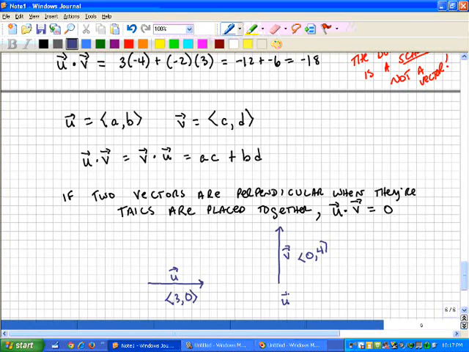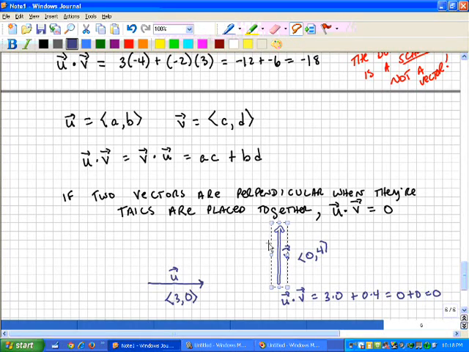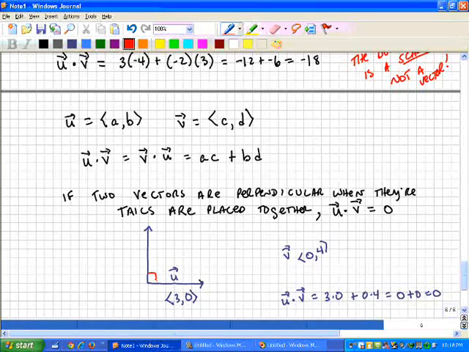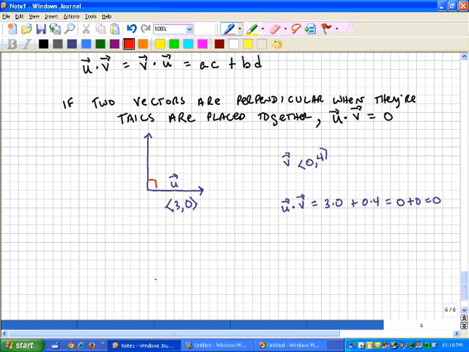Then u dot v would be the product of the horizontal components, or 3 times 0, plus the product of the vertical components, or 0 times 4, which would equal 0 plus 0, or 0. It's very obvious that these two vectors, when their tails are placed together, would be perpendicular and form a right angle. Anytime two vectors are perpendicular, their dot product is 0.